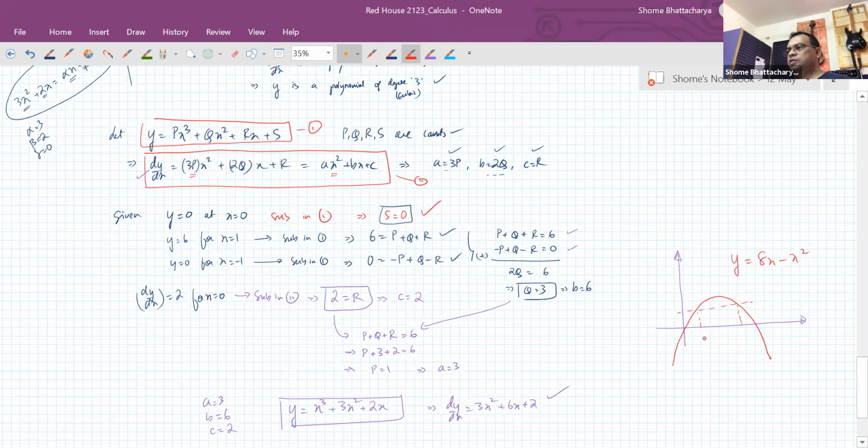So for example, you will see here that the value of y for x equal to 3 is 24 minus 9, so that is 15.